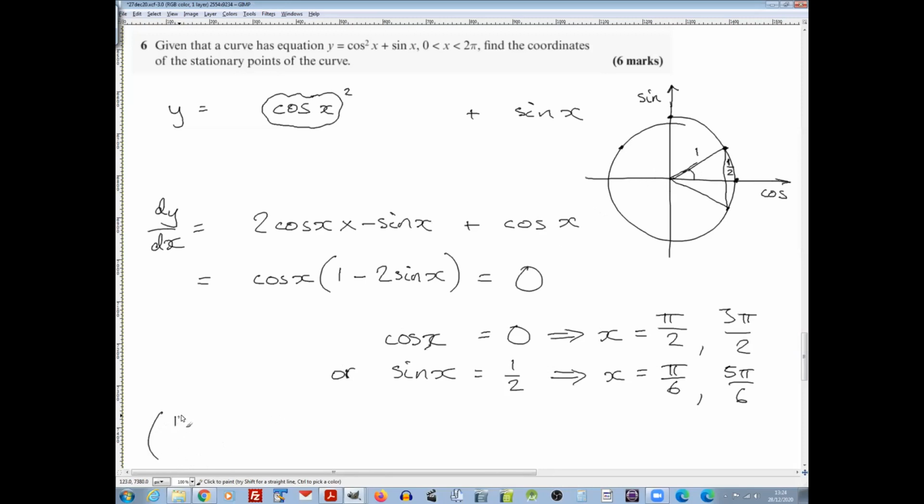We've got an x value of pi over 2 and a y value of what then?